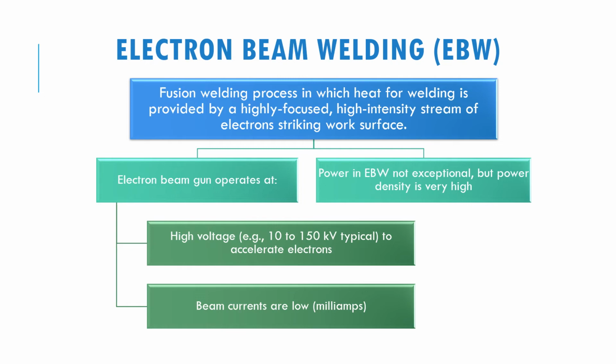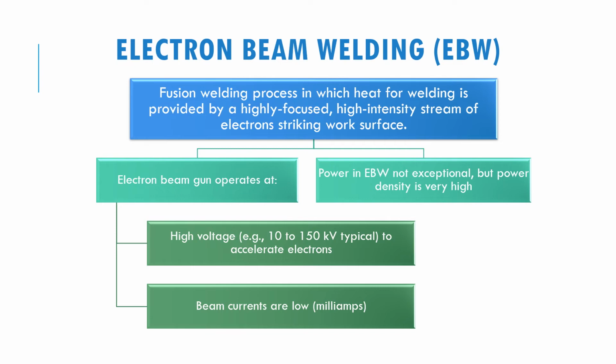Previously it was using the combustion of gas for the oxy-fuel gas welding, but for this one it is generated by electrons that strike the work surface. In this process, the electron gun operates at high voltage, typically around 10 to 150 kilovolt, to accelerate the electrons, and then the beam current will be in milliamps.